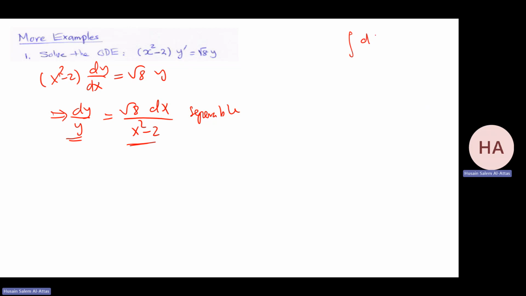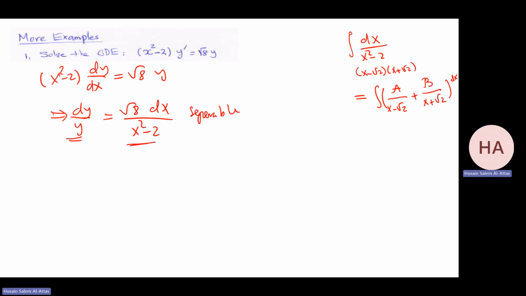So I need the integral of dx over x squared minus 2, which is (x minus square root of 2)(x plus square root of 2). So this one will be the integral, yeah, partial fractions. This is A, this is B. We know how to find A and B. So I substitute square root of 2.